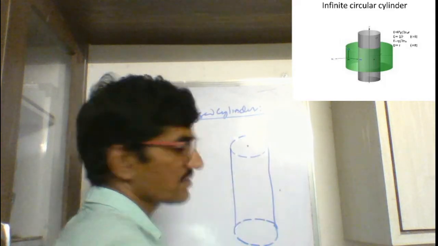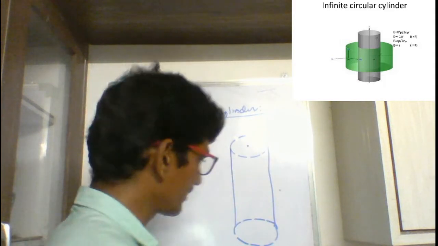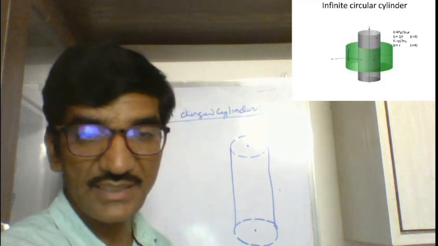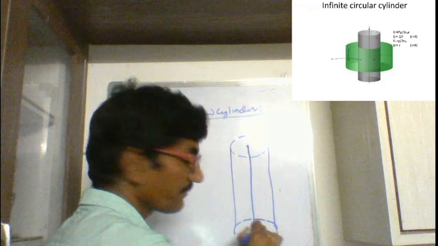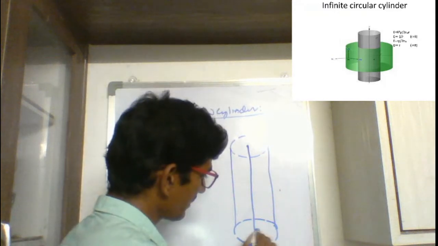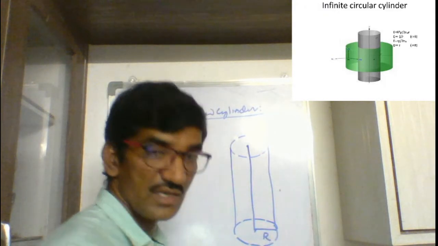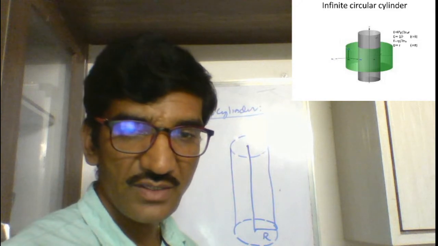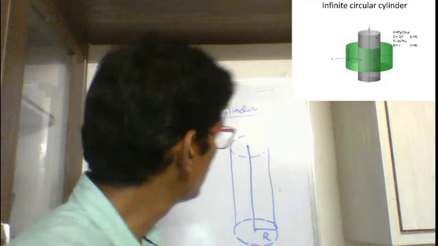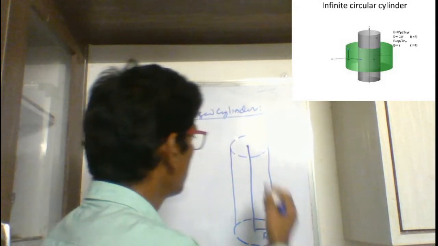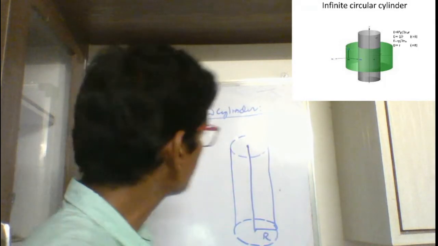What is this? This is the center of the top portion. This is the center of the bottom circle, bottom portion. This is the axis of the cylinder. This is the base radius of the cylinder, so let us call this R. Here its total length goes to infinity. We are not interested in that because it is infinity.